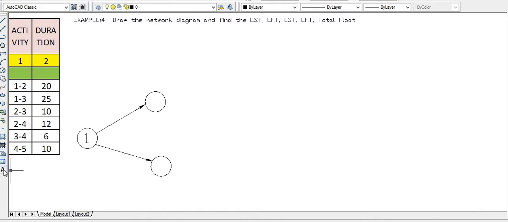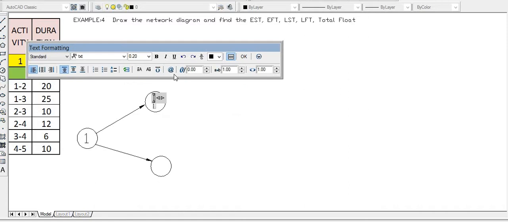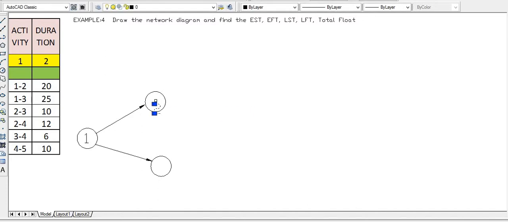So first we will give this the name 1 to 2, and this is also 2. The 1 to 2 activity has a duration of 20.